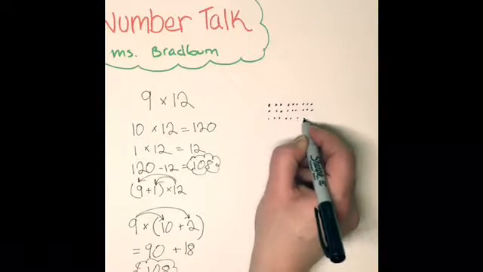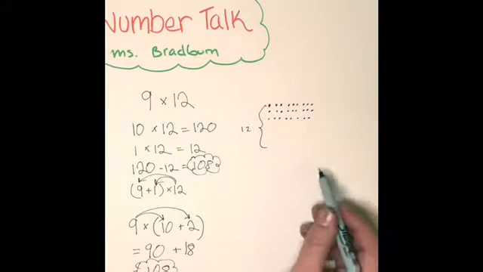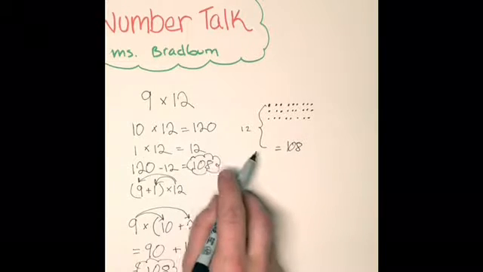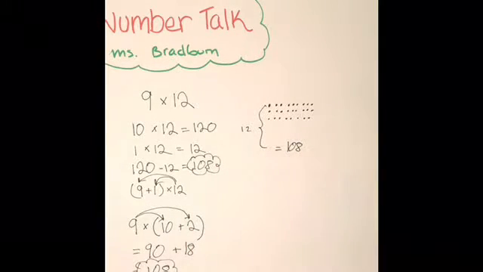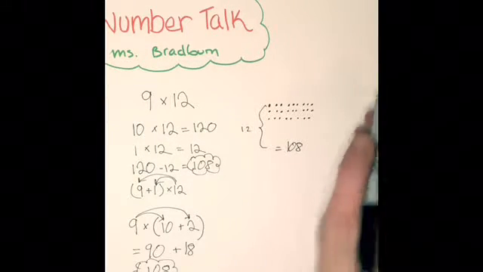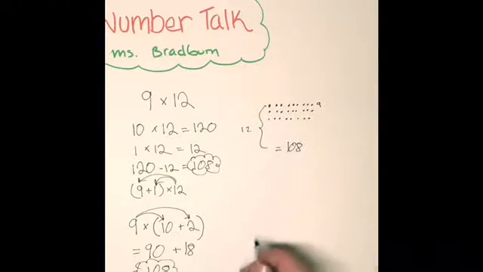And doing that, they would count them all together, which would give them 108 dots. That would be another example of students solving this problem, which would work since it's not very big, and it would show how 9 times 12 works.